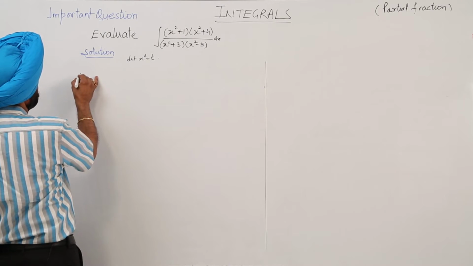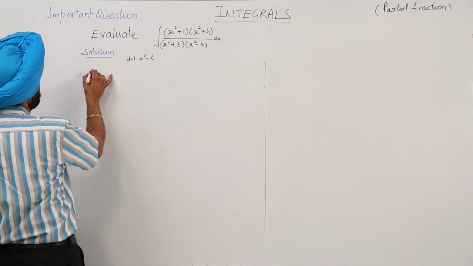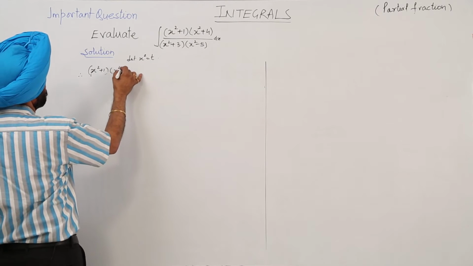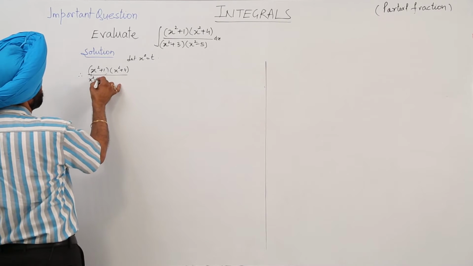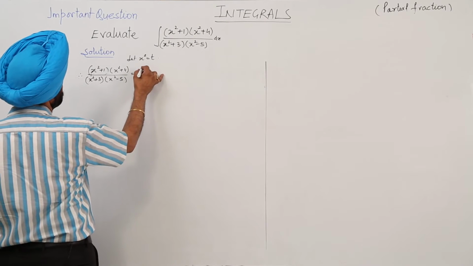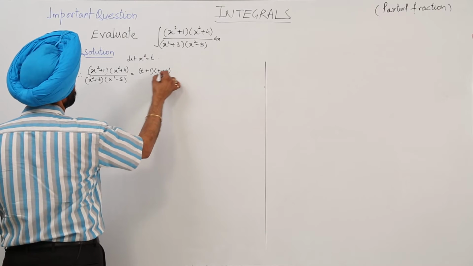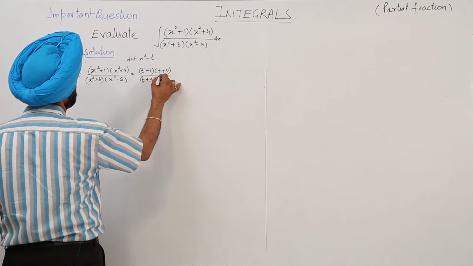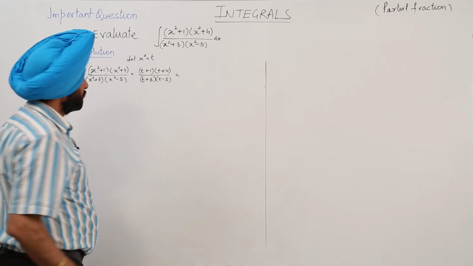Therefore, (x square plus 1)(x square plus 4) upon (x square plus 3)(x square minus 5) is equal to (t plus 1)(t plus 4) upon (t plus 3)(t minus 5). Now, on multiplying, what are we getting?